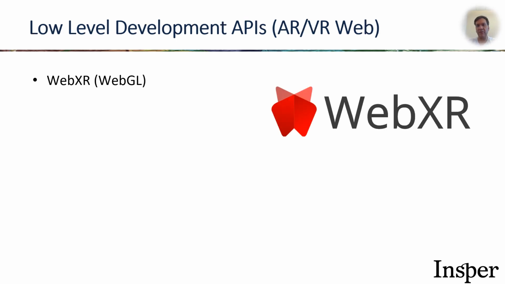Continuing with low-level development, but this time for the web, we have WebXR. WebXR is akin to WebGL, serving as a low-level API that modern web browsers can interpret to execute commands. WebXR is specifically designed for augmented and virtual reality instructions, which the browsers can utilize to communicate with the head-mounted display, for instance.